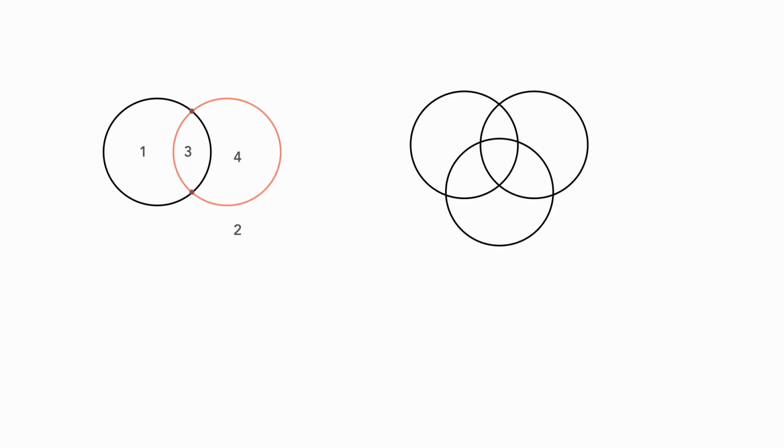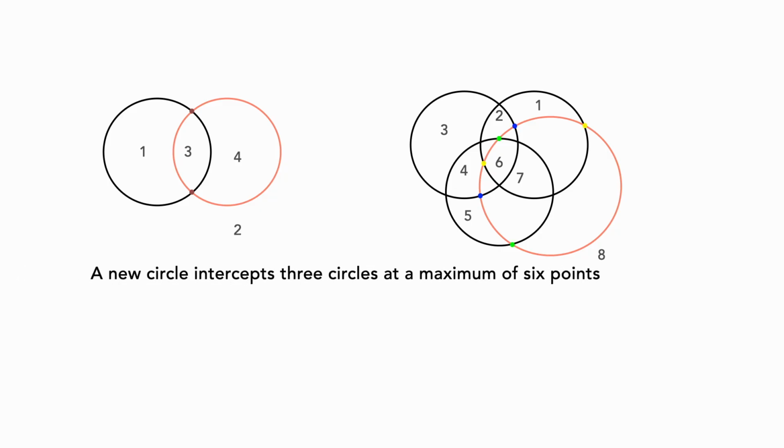We know that when we have 3 circles, we can have a maximum of 8 regions. Now, suppose you draw a 4th circle. This 4th circle can meet the existing 3 circles at a maximum of 2 points each. So we can have a maximum of 6 intersection points.